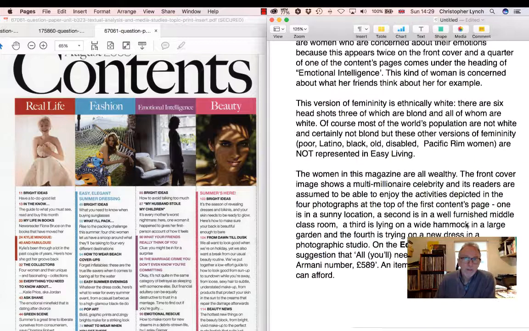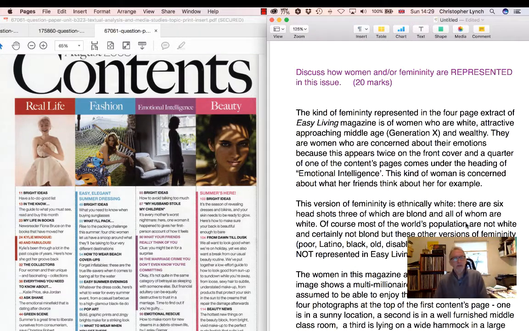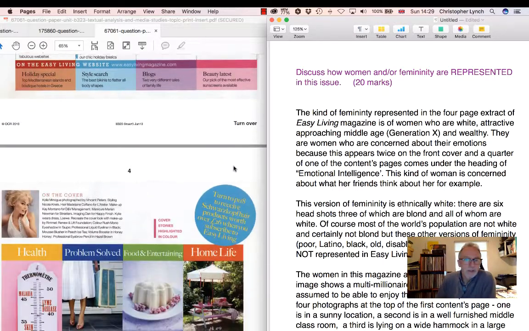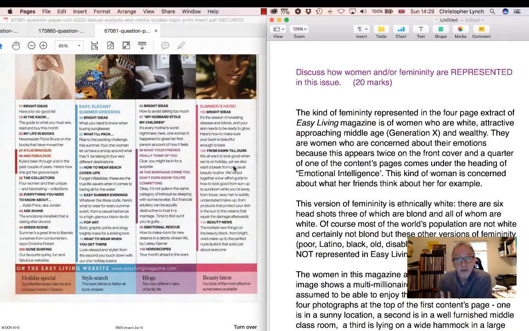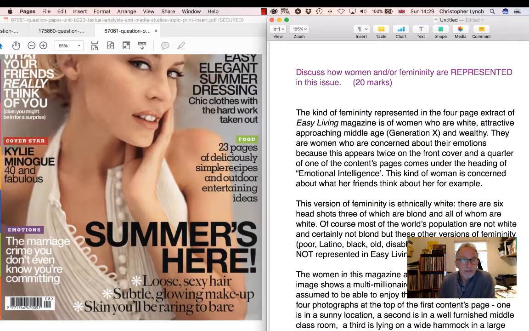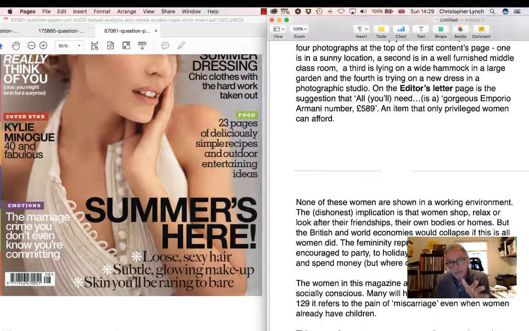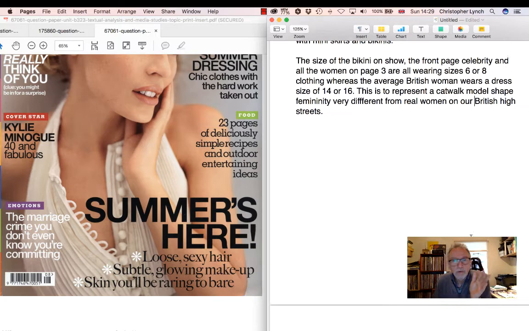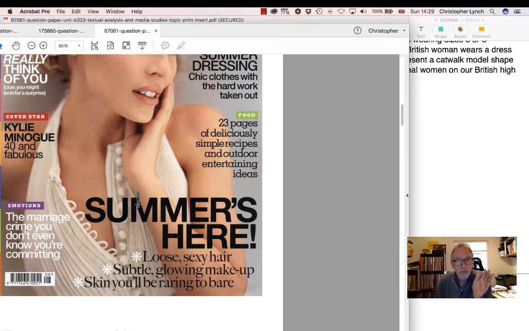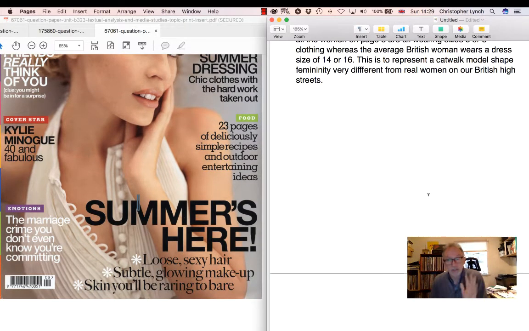So there's my essay, my answer. I could have written more, there are many examples, but I think that I get to the heart of the kind of version of femininity that this magazine presents. And part of that answer is also noticing what is left out. There are no, for example, women in wheelchairs here, and yet women in wheelchairs actually exist.